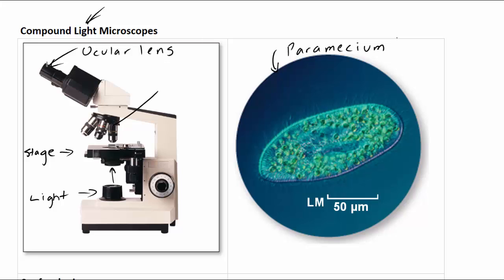The ocular lens in your classroom microscope magnifies things by a factor of 10, or 10 times larger than you would be able to view them with the naked eye. This is represented with the symbol times 10.